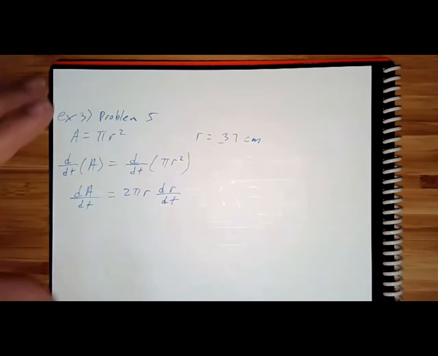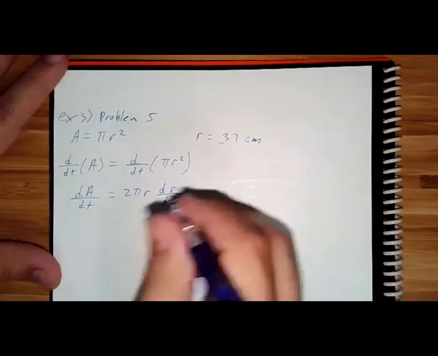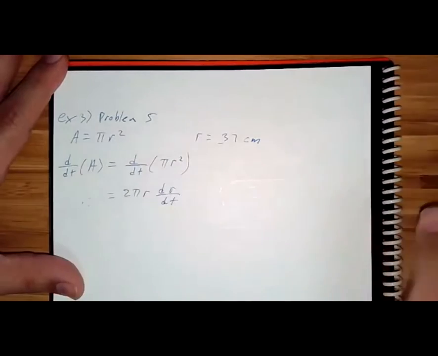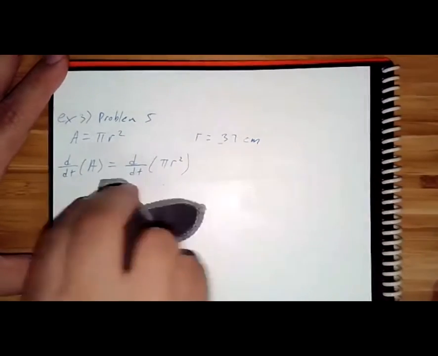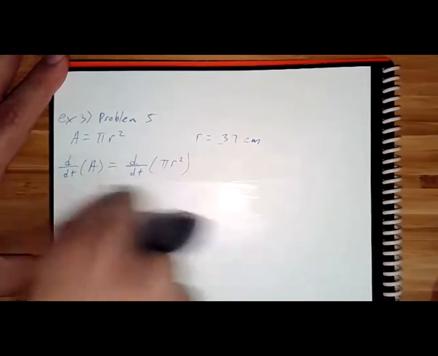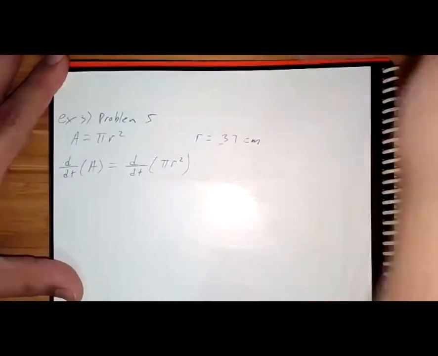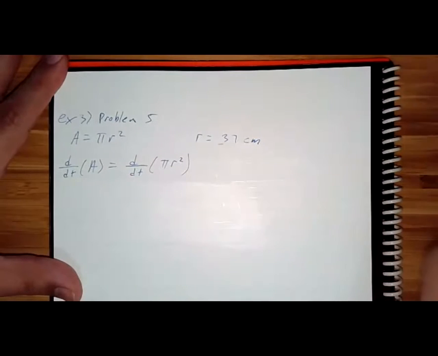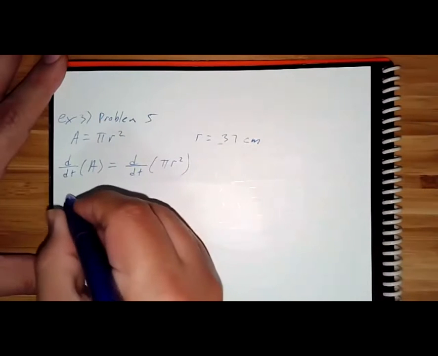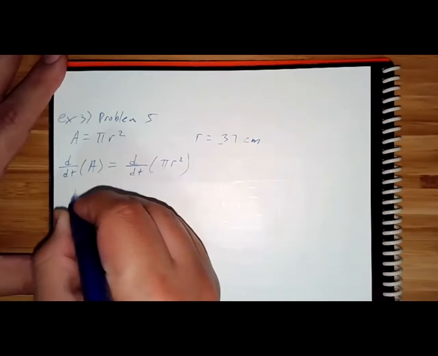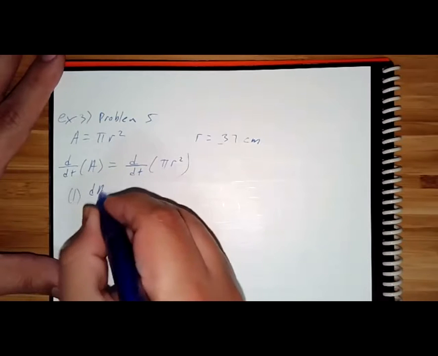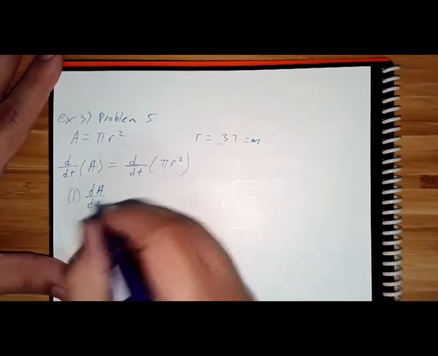It looks that way, but let me show the steps just to be proper. Technically, the derivative of A is 1 times the chain rule, dA dt.